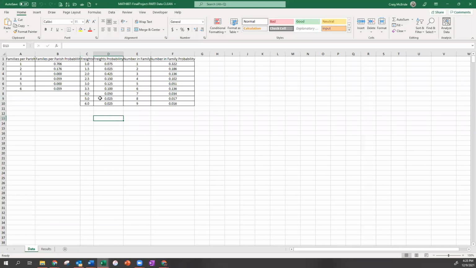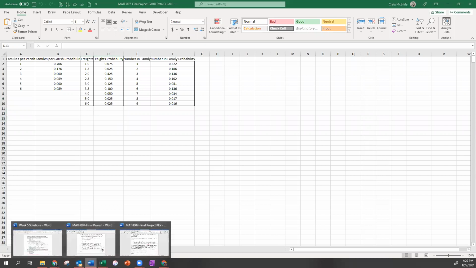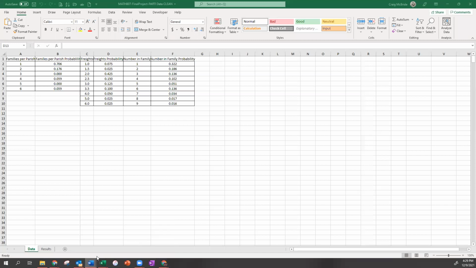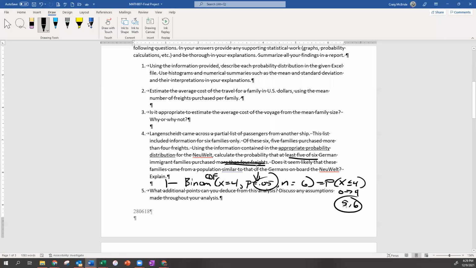here, the probability of any one family buying more than 4 freights is 5%, right? Pretty small. So the probability of that out of 6 families, 5 purchased more than 4 freights seems pretty unlikely to me.